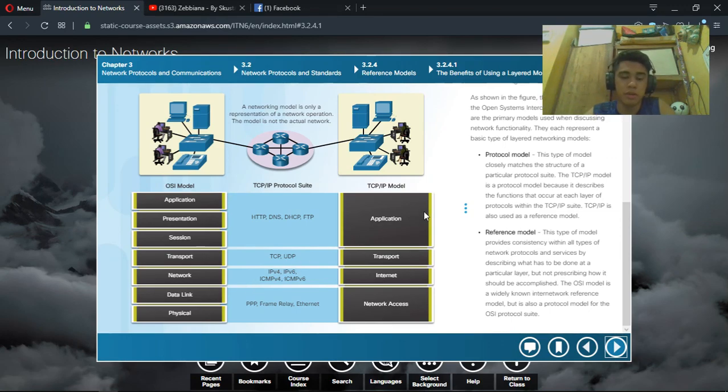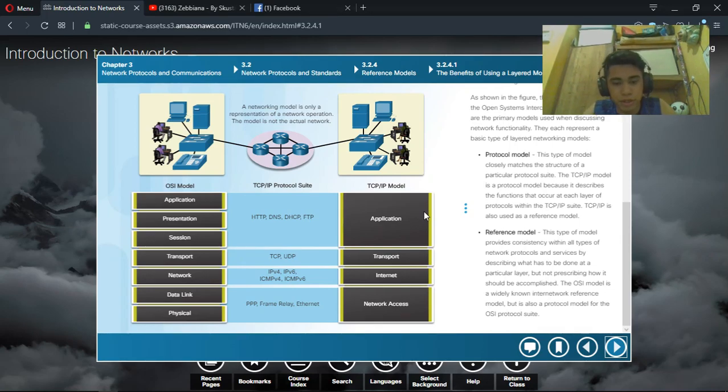From what I understand, OSI is a divided version of the TCP model. For example, the application layer in the TCP model is divided into three in the OSI model, which are application, presentation, and session, and all of it is composed of the TCP/IP protocol suite that belongs to the application layer.